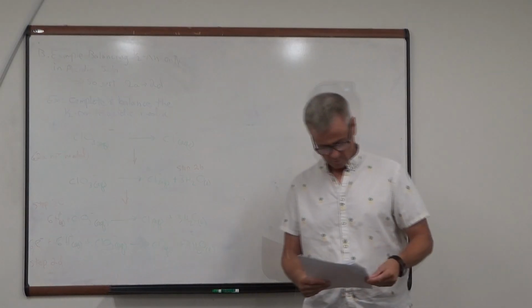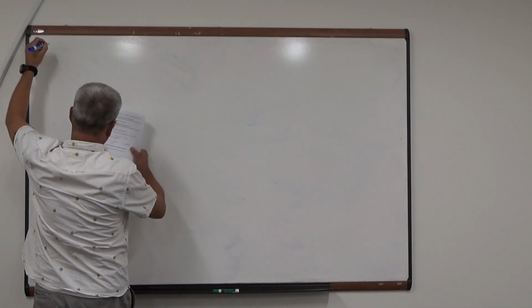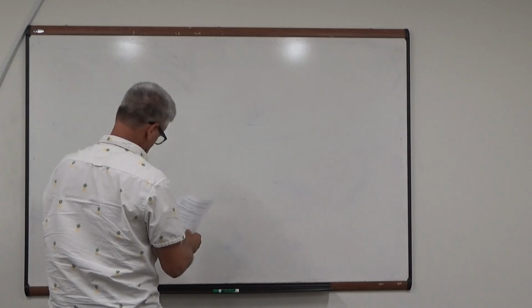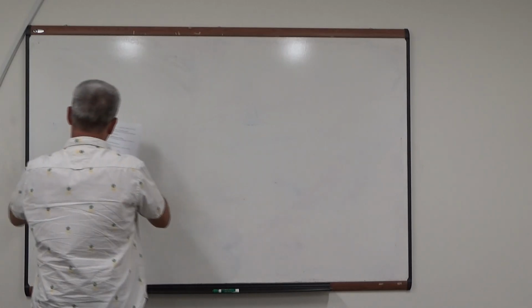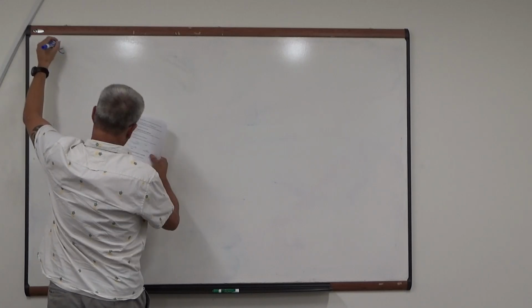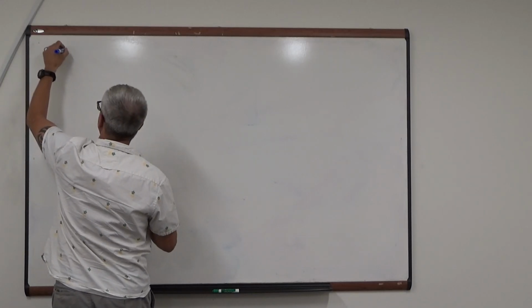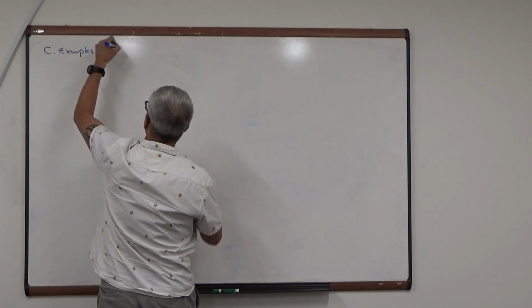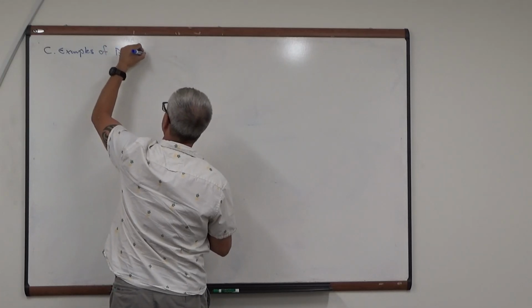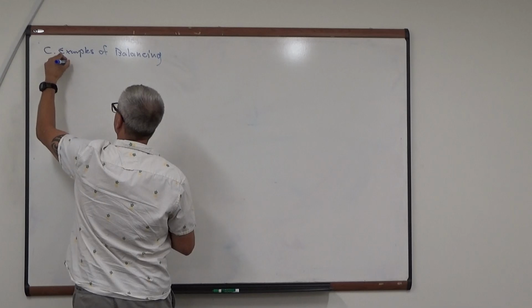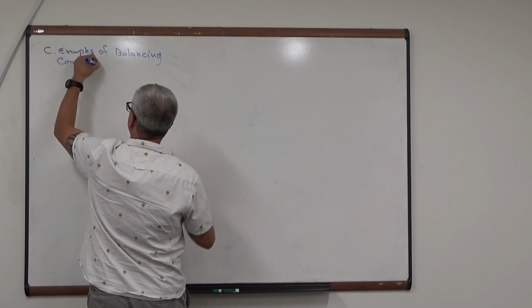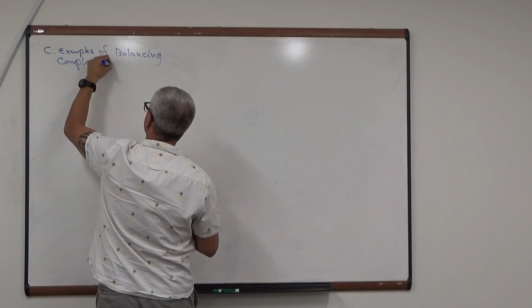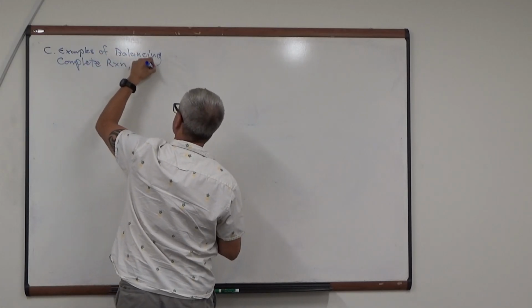Okay, so the next one is going to be C. Examples of balancing a complete, not just a half, reaction in acidic solution.